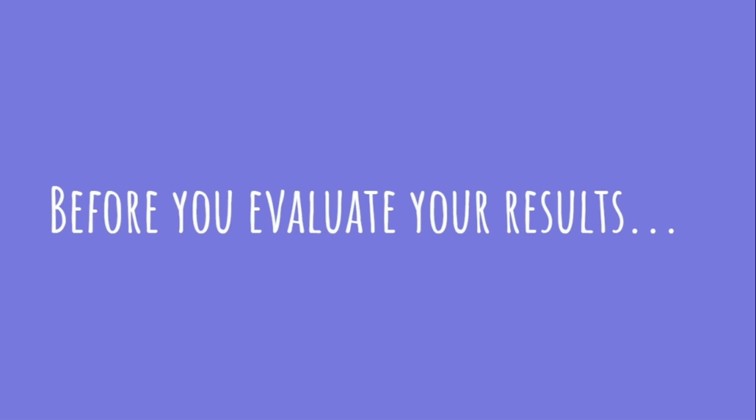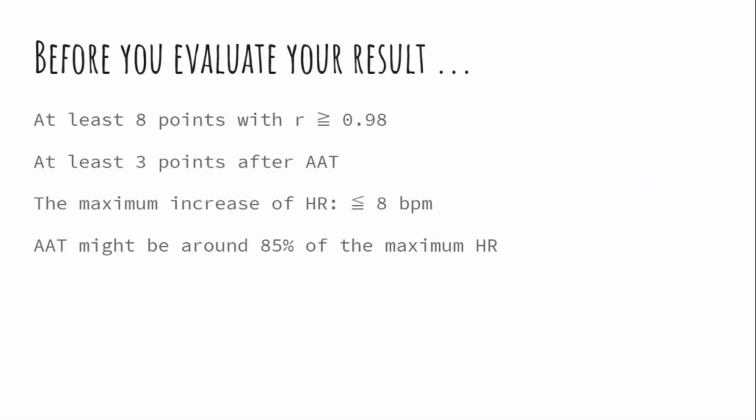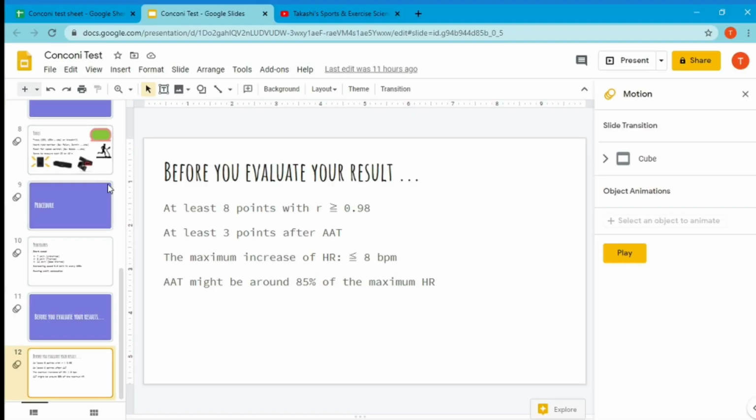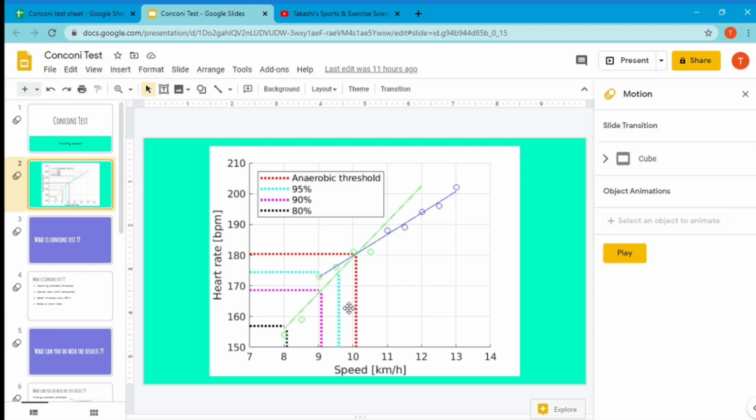Okay, come back to the presentation slide again. So before you evaluate your result, there are some considerations you have to take into account, which is you have to have at least 8 points with correlation coefficient more than 0.98. So if you take a look at the plot again, I only have 1, 2, 3, 4, 5, 6 data points before anaerobic threshold, so I couldn't meet the criteria.